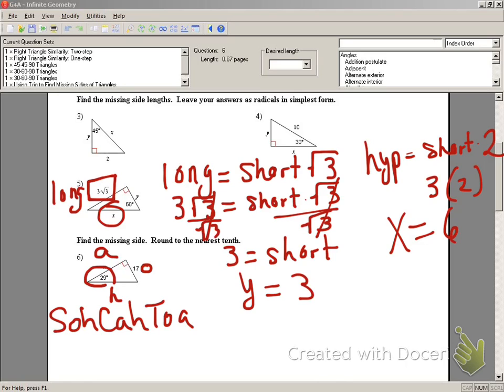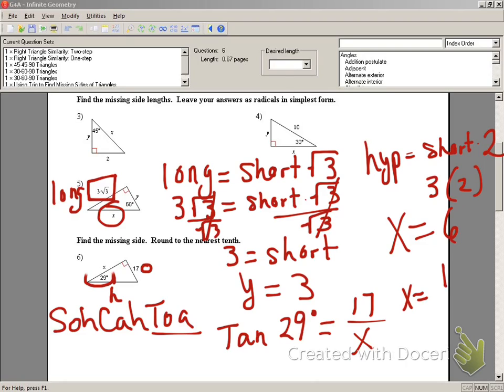In reference to our angle, I have the opposite and adjacent, which means that is tangent. So tangent of theta, and theta in this case is 29 degrees, equals opposite over adjacent. And I covered up my variable, x. So now I solve for x. Recall, if x is in the denominator, we divide.